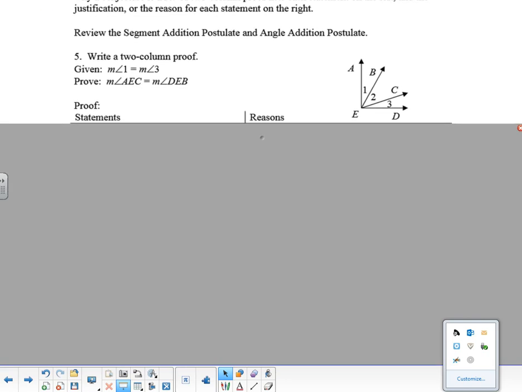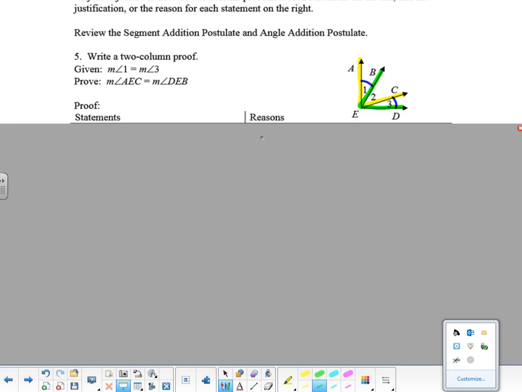So we want to write a two-column proof, and in the proof we're given that the measure of angle 1 is equal to the measure of angle 3. So we see here that angle 1 and angle 3 are equal, and we're trying to prove that the measure of AEC, which would be this angle right here, is equal to the measure of DEB.